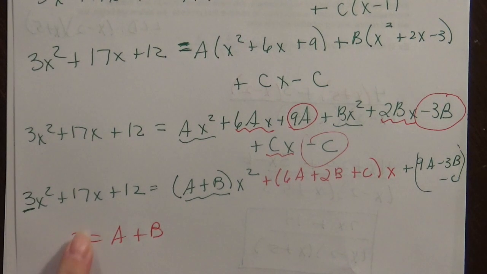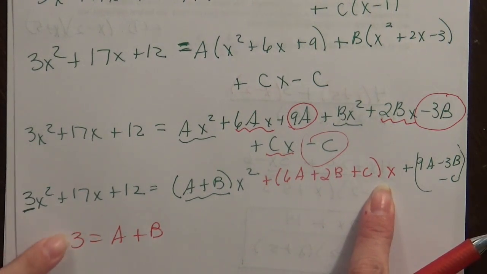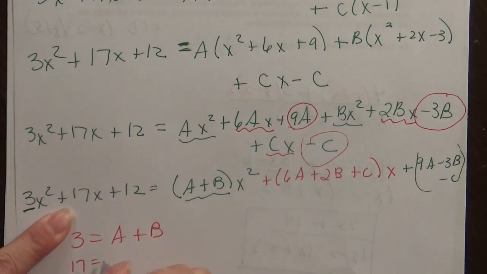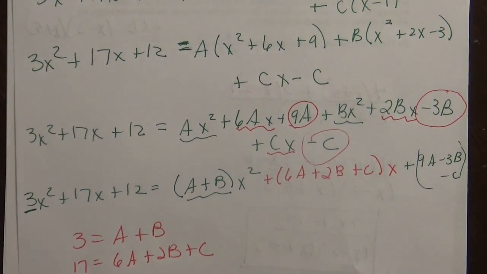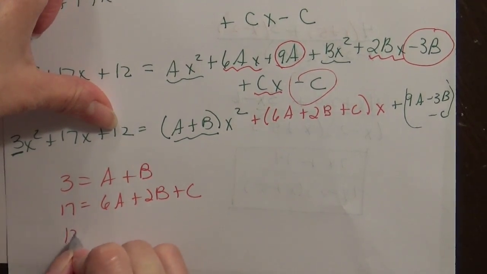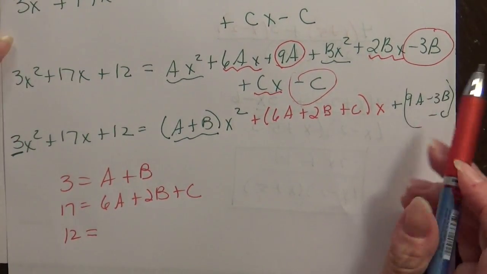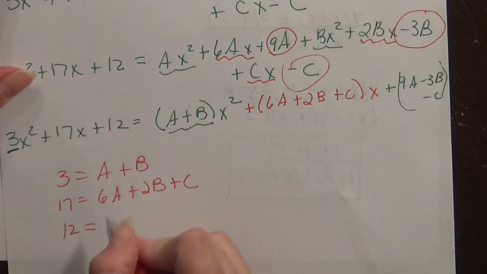The linear terms, on the left side you've got 17x equals 6a plus 2b plus c times x, so that means that 17 equals 6a plus 2b plus c. And what about the constant? For the constant, I've got 12 on the left equals, and then my constant over here was the 9a minus 3b minus c.